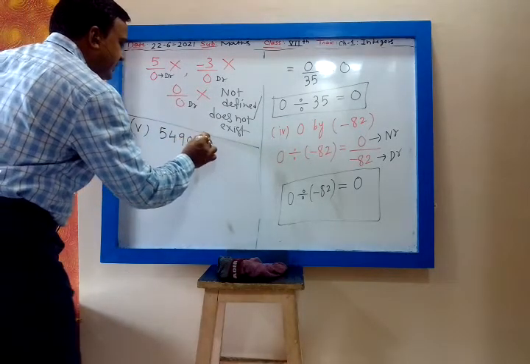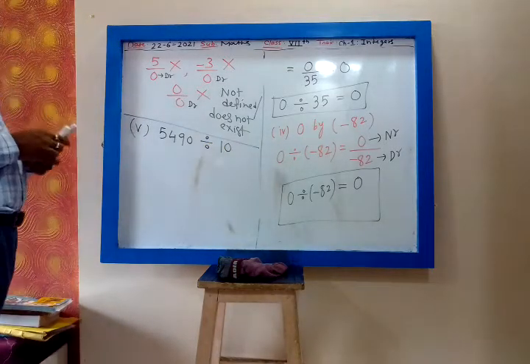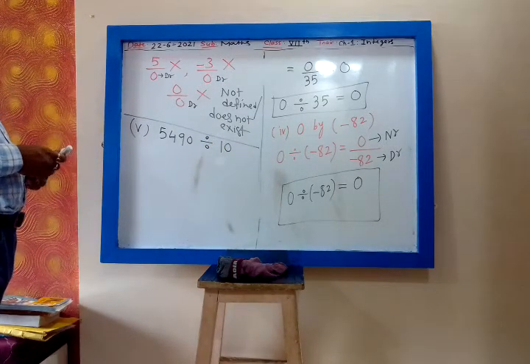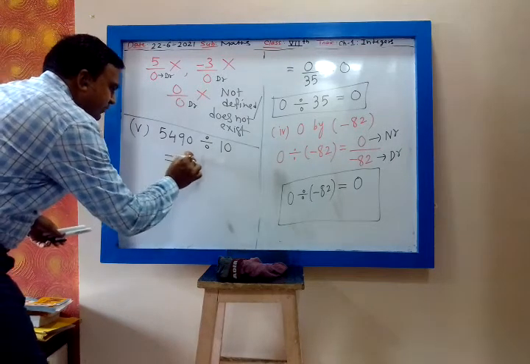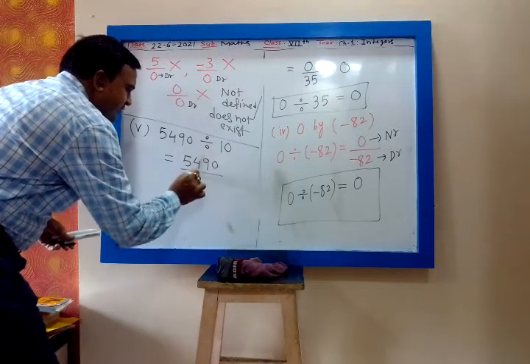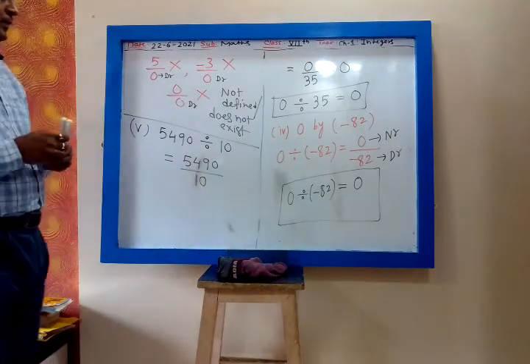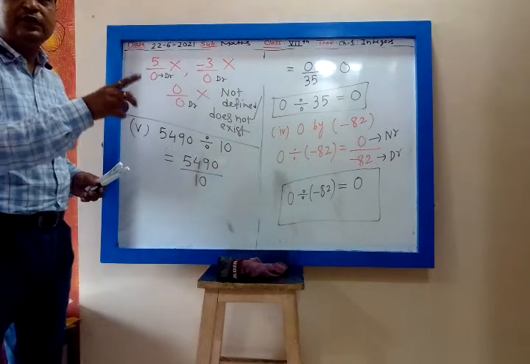5490 divided by 10. What do you mean by A divided by B? A upon B. So this I can write as 5490 upon 10. Now see here. In the numerator, where is 0? 0 is the last digit.